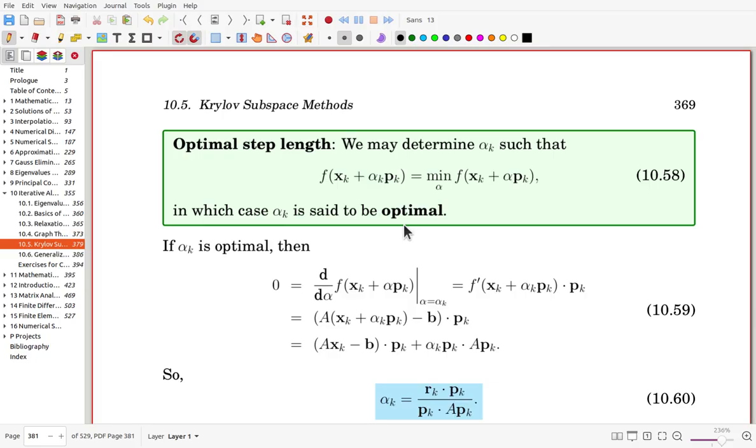How can we get it? This is quadratic. Again, we try to use the calculus technique. We differentiate with respect to alpha of the function, and when alpha is alpha k, then because alpha k is the minimizer, the value must be 0.